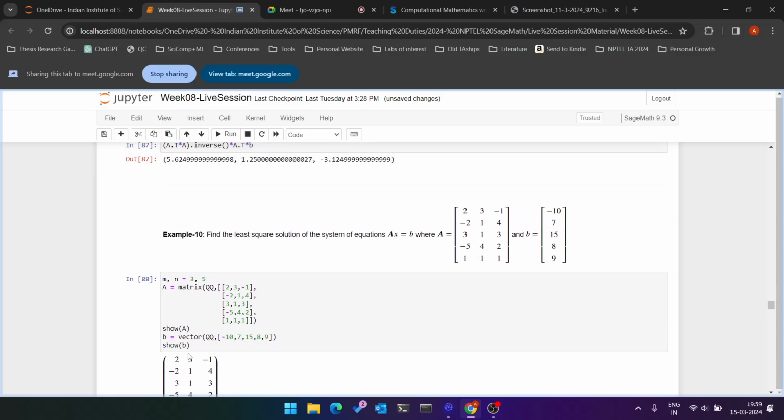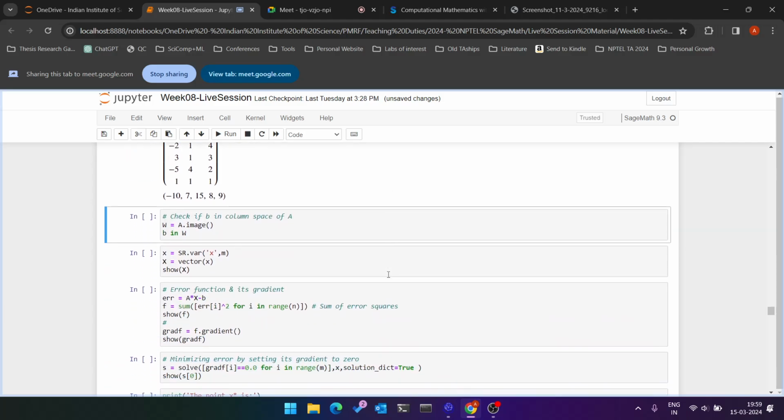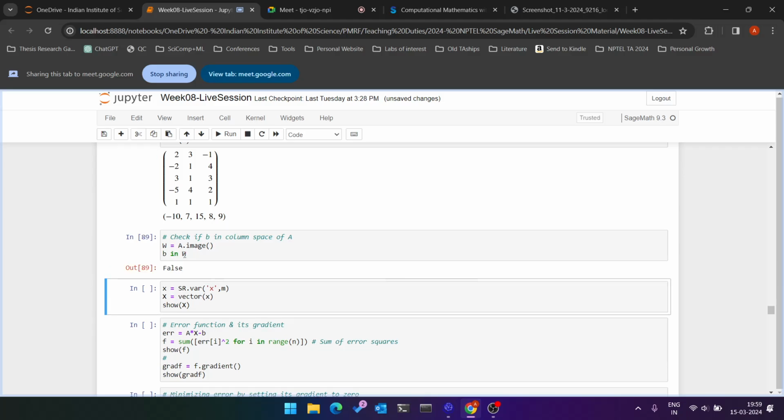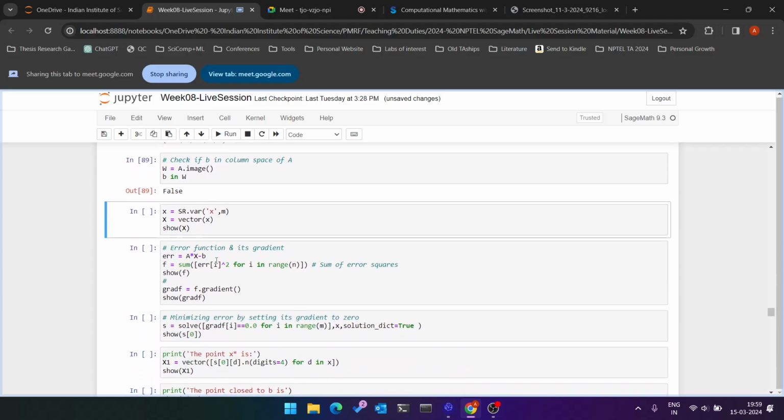If an exact solution exists for B, it should lie in the column space of A. I think that is quite self-evident: if the column space of A contains B, we could find an exact solution. So to check that, we check if B is in the column space of A, and it turns out that the answer is false.